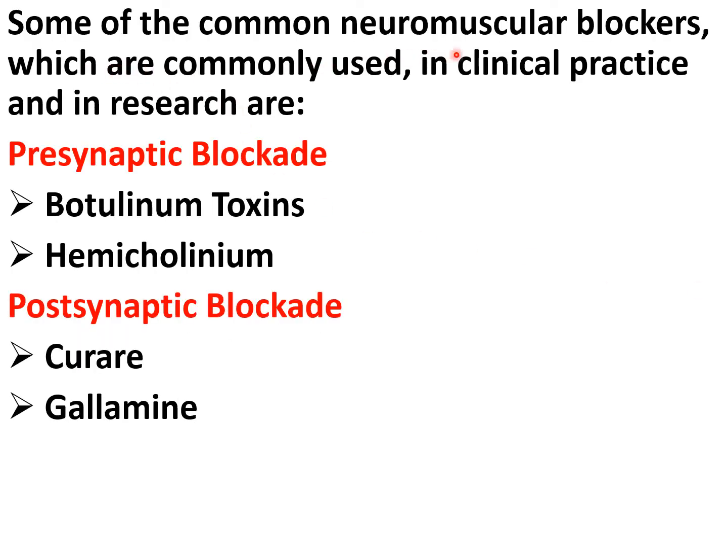Some of the neuromuscular blockers commonly used in clinical practice and research are presynaptic and postsynaptic blockers. In presynaptic blockage, botulinum toxin and hemicholinium. Then postsynaptic blockage, curare and gallamine.